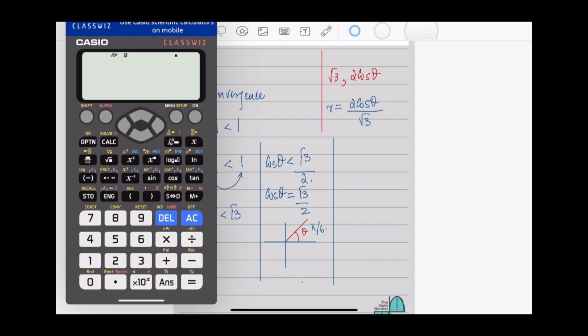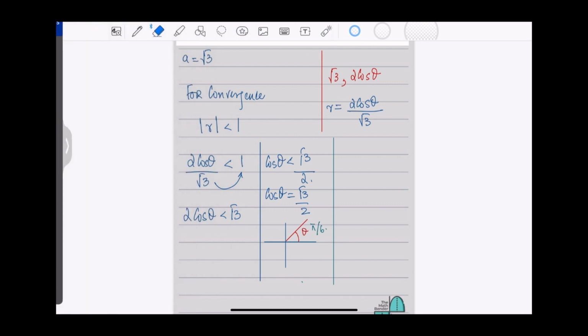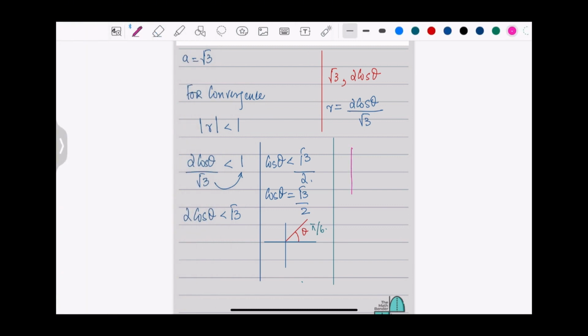To make a proper inequality context, we need to roughly sketch the graph of cos theta. And when I draw this, I can see that this is how the graph is. This value here is pi.